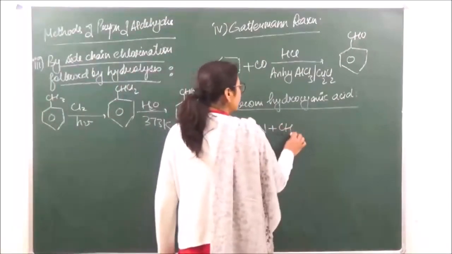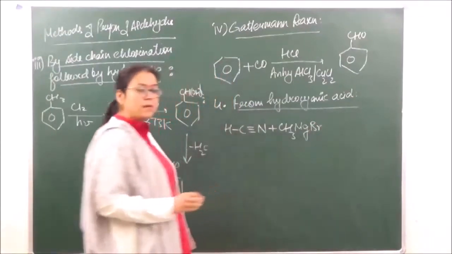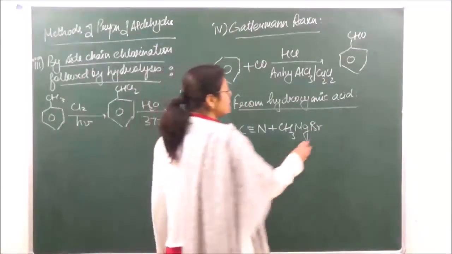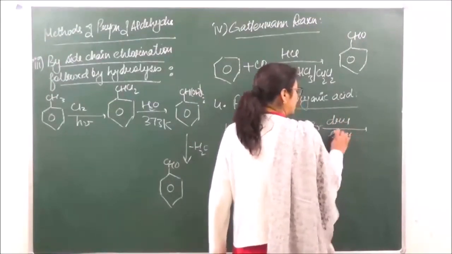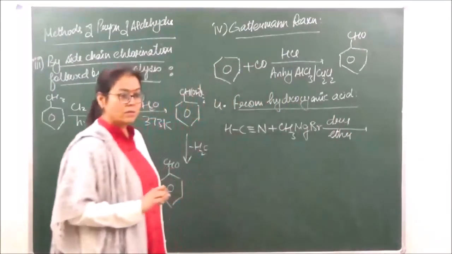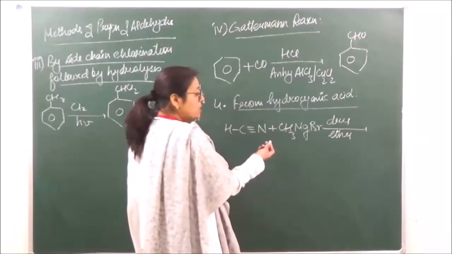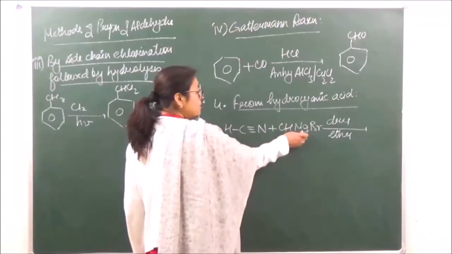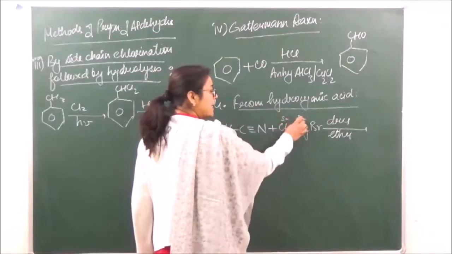If you are taking a Grignard reagent, CH3MgBr, and this reaction is taking place in presence of dry ether. Okay, so here the same rule is followed: MgBr is going to be positive, CH3 is going to be slightly negative.